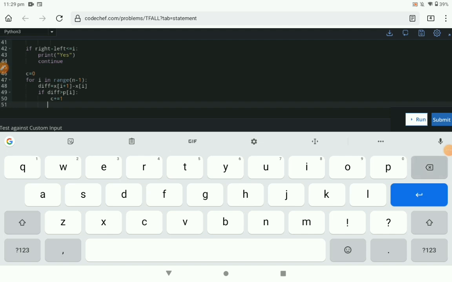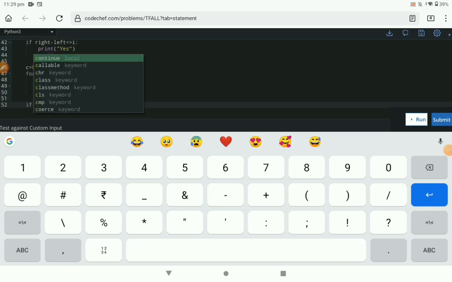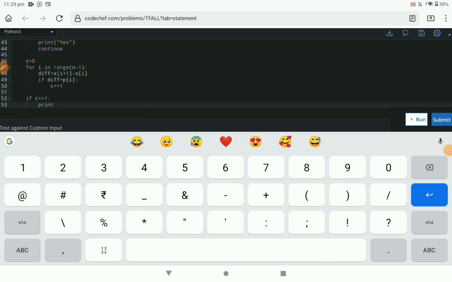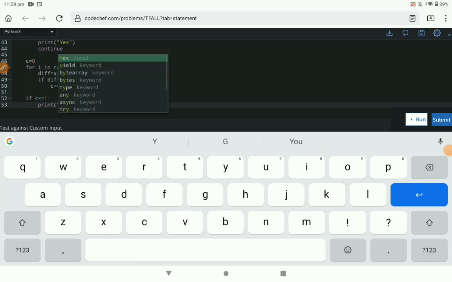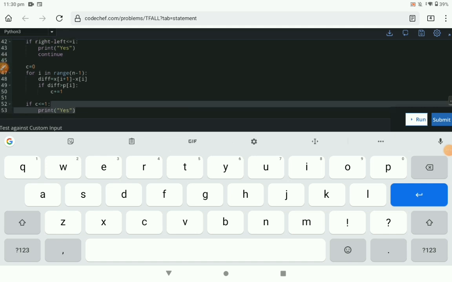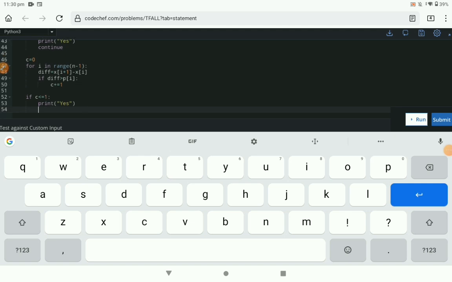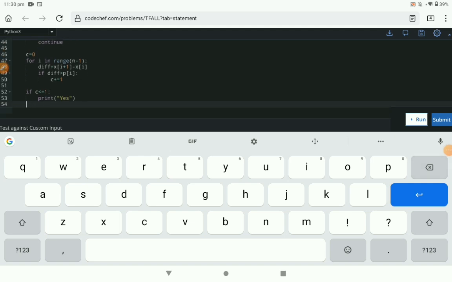Now we will check if our c is smaller than or equal to 1. If so, we will print s, else we will print no.